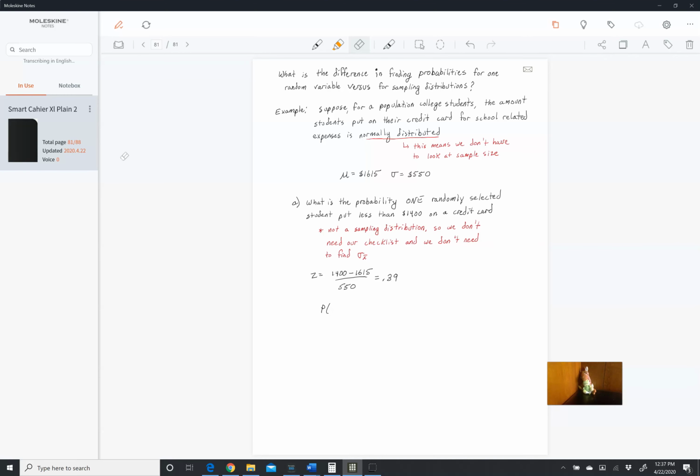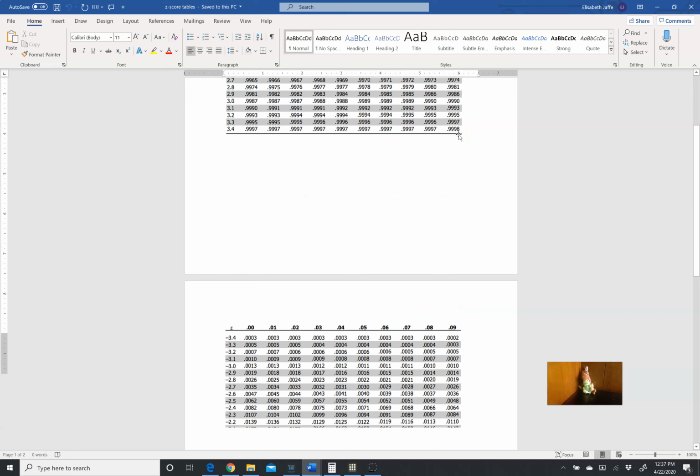So notice the difference here. Instead of saying probability of x bar less than 1,400, we just say probability of x less than 1,400. And this is equal to the probability of z less than 0.39. And if we go to our z-score chart, and we go to 0.39, sorry, that was negative 0.39.